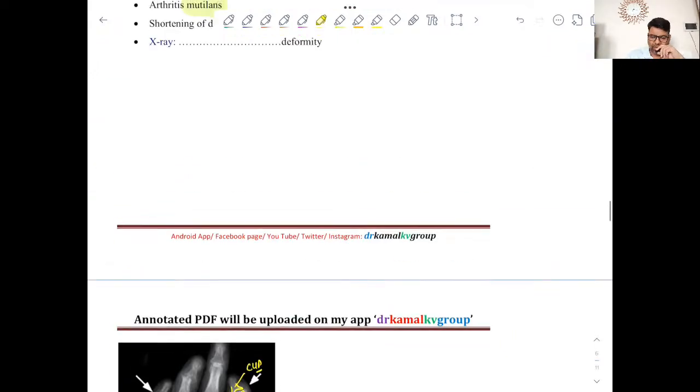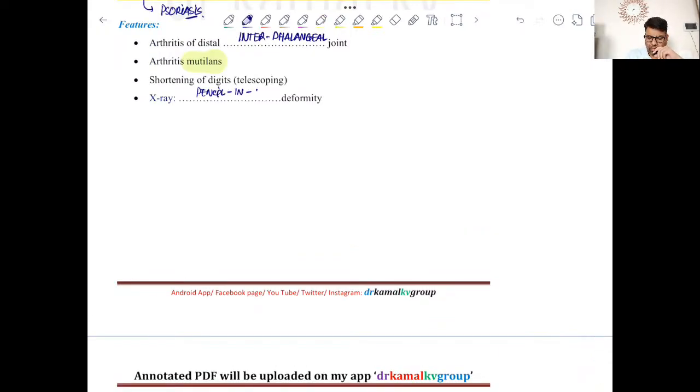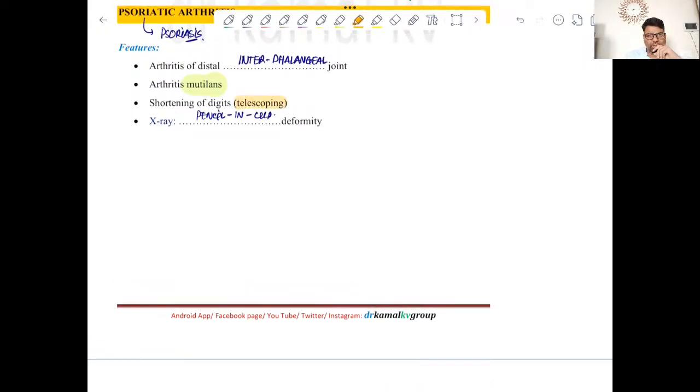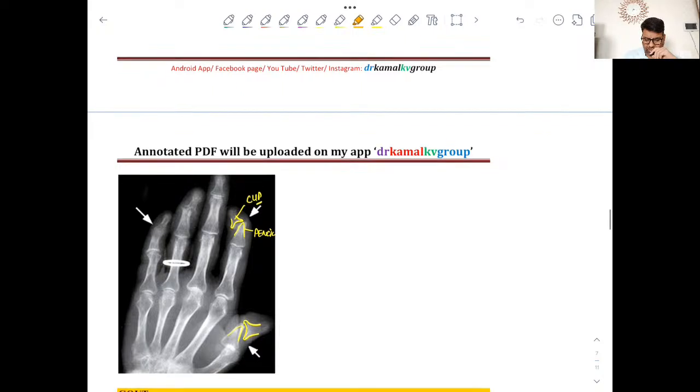So there is pencil in cup deformity. Clear? And characteristically we can see telescoping. It means the fingers can be invaginated into each other. So that is telescoping because of this articular damage.